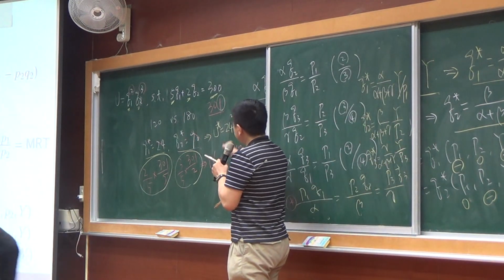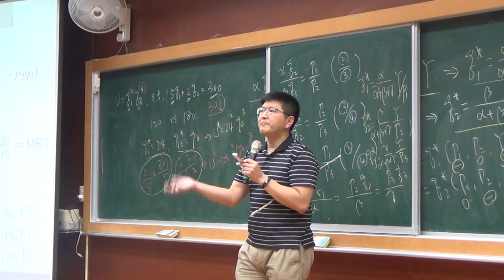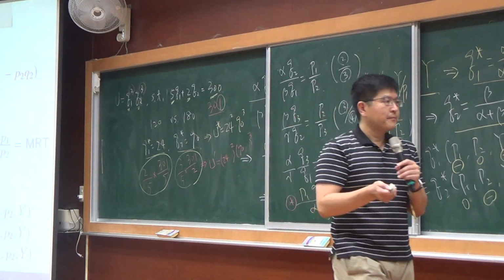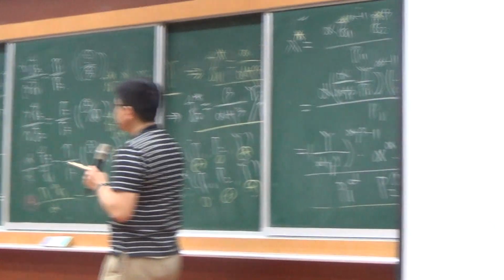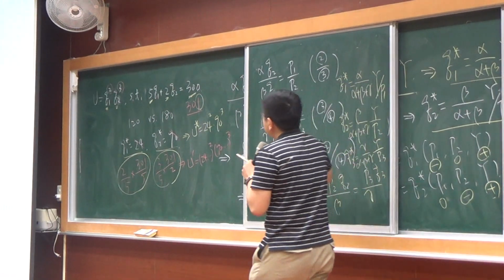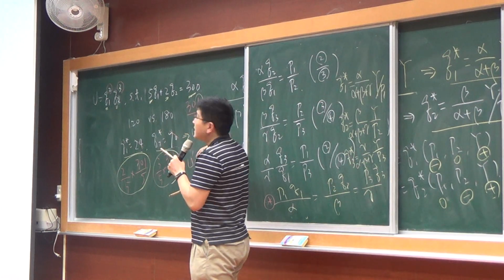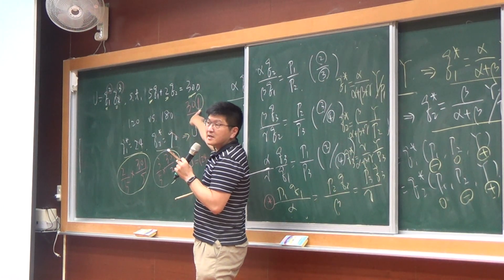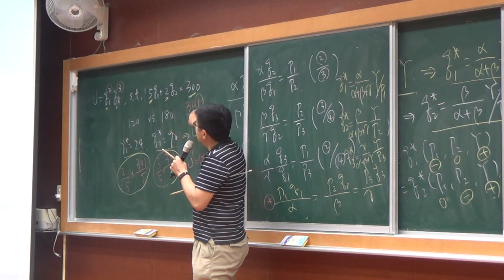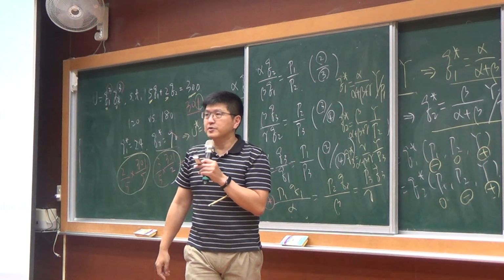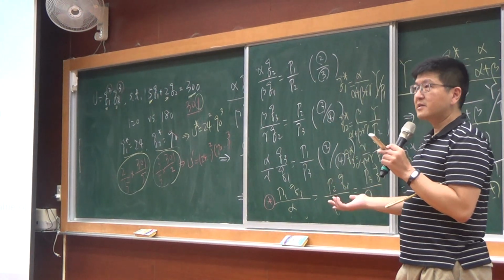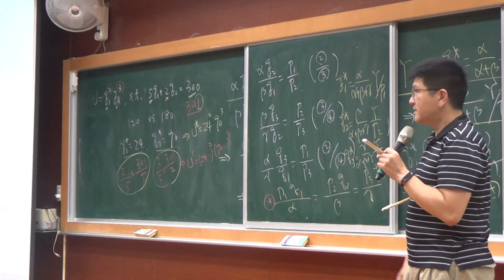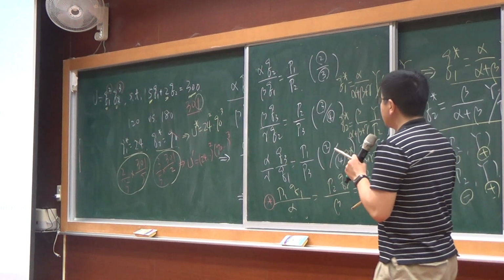So the difference between these two would be lambda star. Lambda star measures the marginal utility caused by an additional unit of resource, which is income in this case. Is that clear? All right?